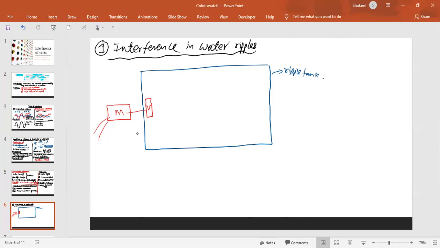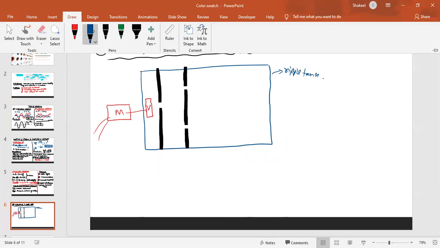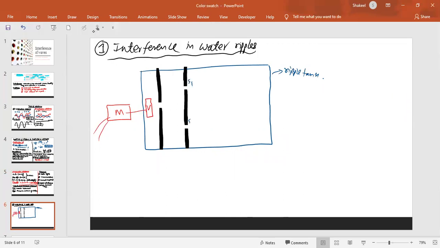And then we are going to use, for example, one barrier over there. And then over here, again, a barrier with two slits. So let's say this is S1 slit and S2 slit.